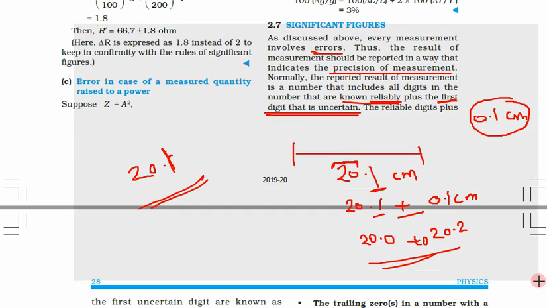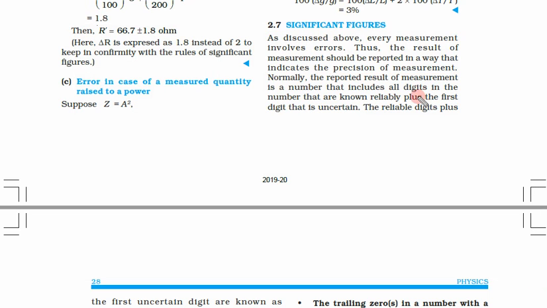Suppose, let us take one more example. We are measuring something on a weighing scale. The minimum weight that can be measured on this is 1 gram. Okay, so 453 gram if we weigh something. So the last digit is definitely uncertain because it is plus minus 1 gram. So this could be 452 gram or it could be 454 gram.